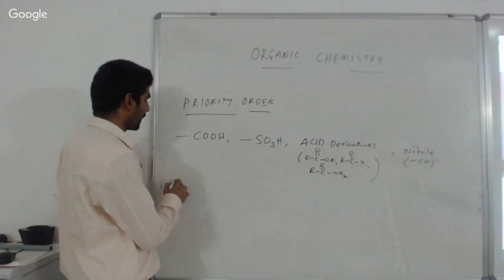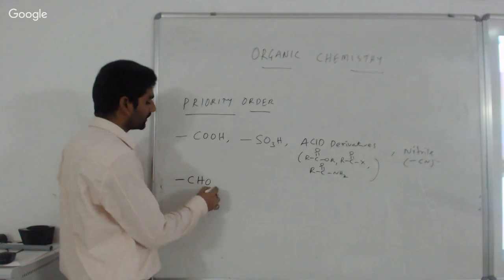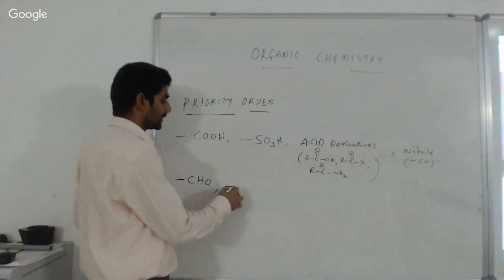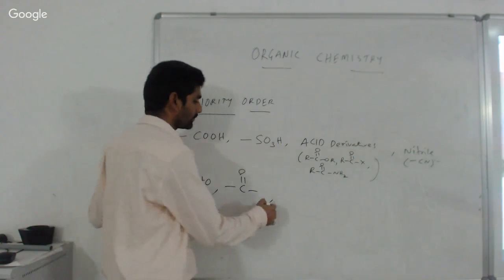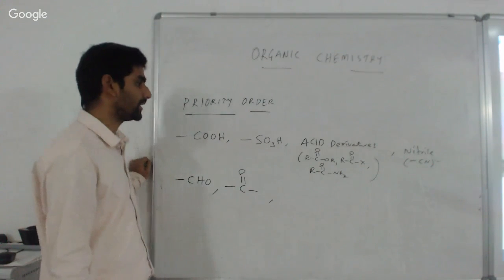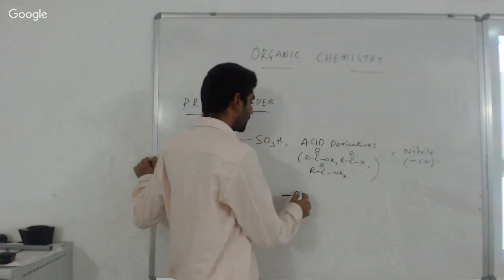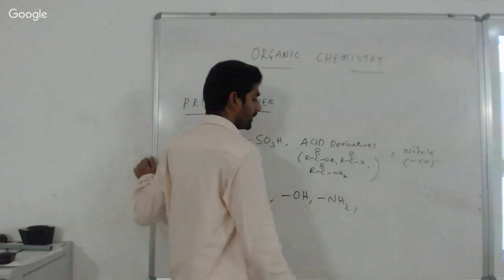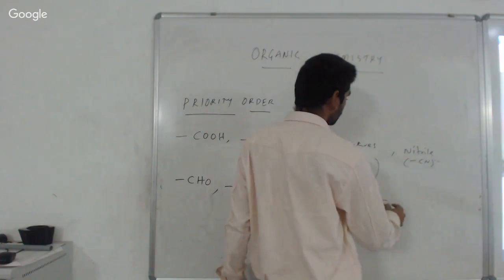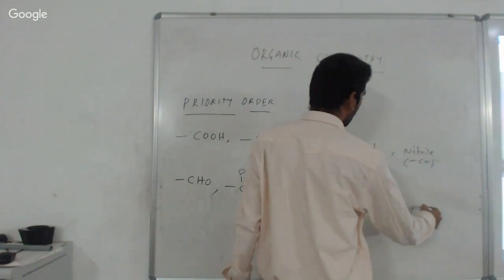Next, carbonyl compounds: aldehydes, ketones. Next, alcohols, hydroxy compounds. Next, amines. Next, alkenes. Next, alkynes.